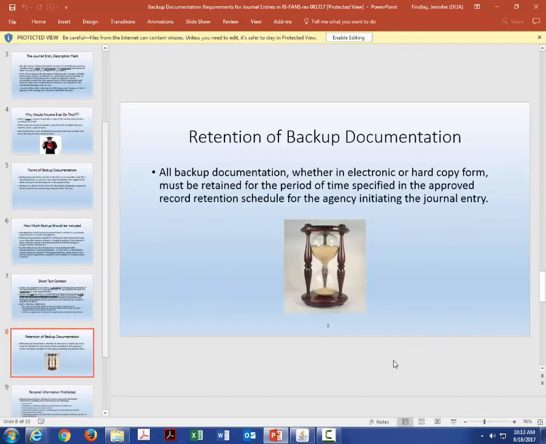All backup documentation, whether in electronic or in hard copy form, must be retained for the period of time specified in the approved record retention schedule for the agency initiating the journal entry.